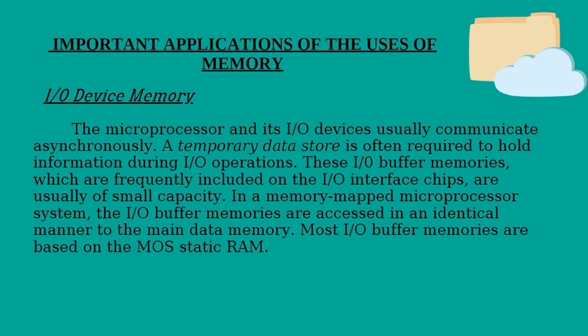These input or output buffer memories, which are frequently included on the input or output interface chip, are usually of small capacity. In memory-mapped microprocessor systems, the input or output buffer memories are accessed in an identical manner to the main data memory. Most input or output buffer memories are based on the MOS static RAM.